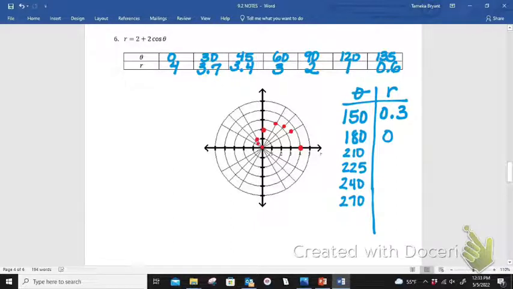Because it should be a full enclosed graph, and right now we can see half of it. And the other half is a reflection, but I am just going to make the table. So 300, 315, and 330. So let's quickly get the rest.